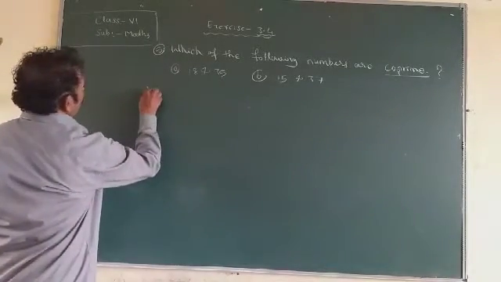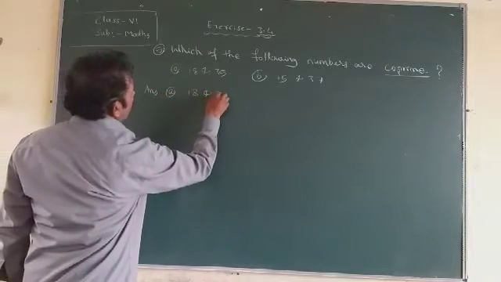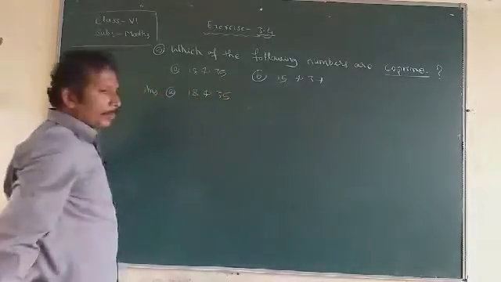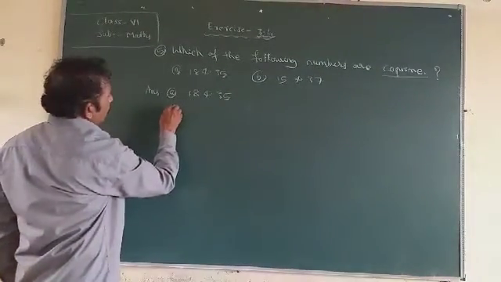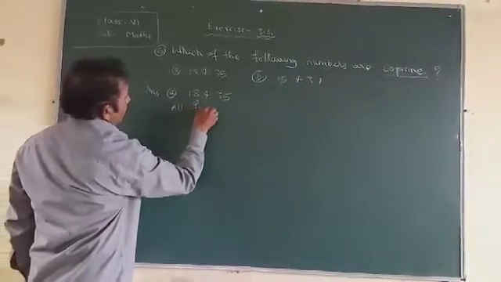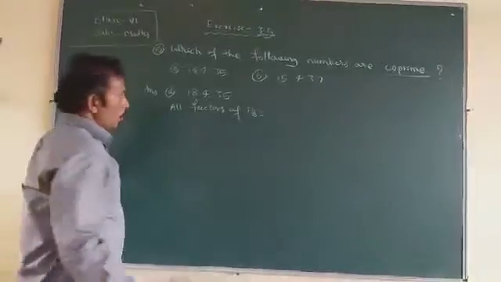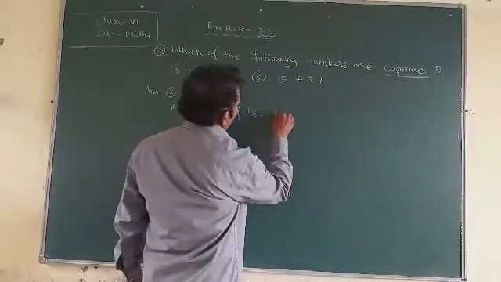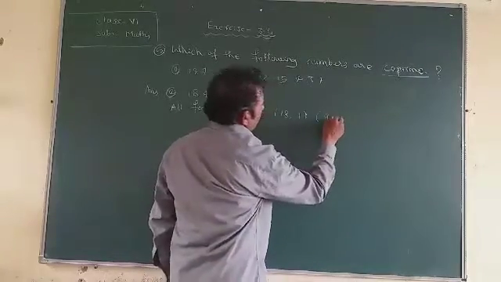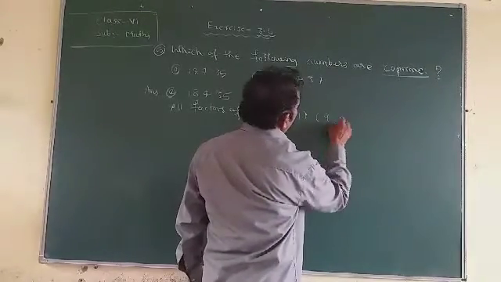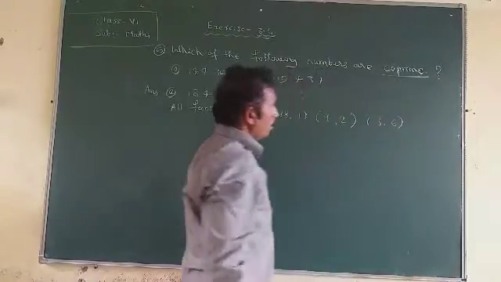Answer number A, 18 and 35. See students, first write all the factors of 18. All factors of 18 is equal to, see here, 18 ones are 18, next 9 twos are 18, next 3 sixes are 18.